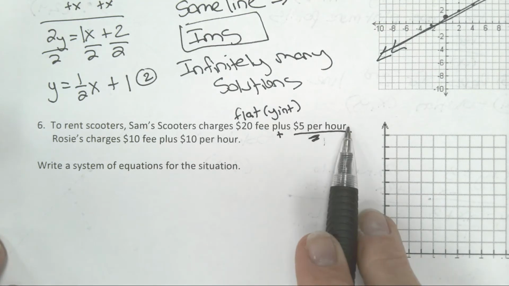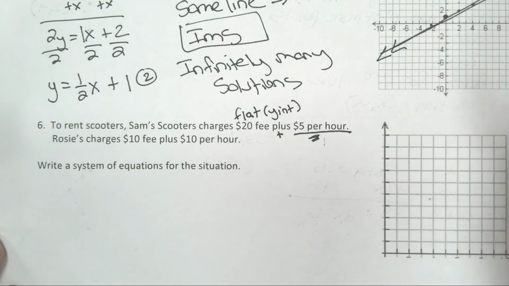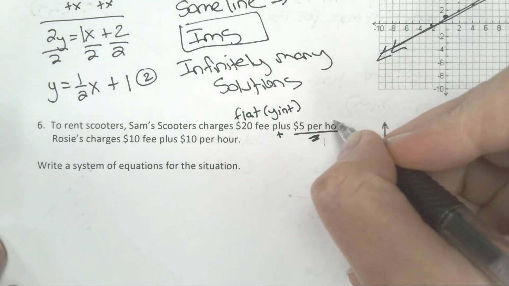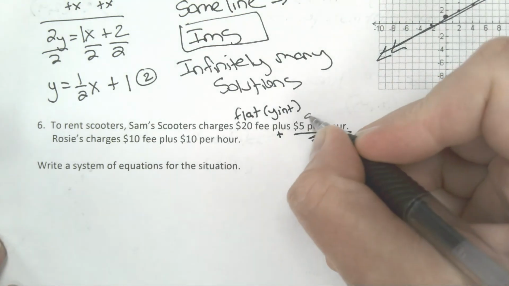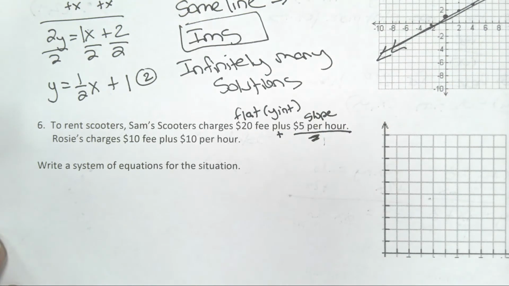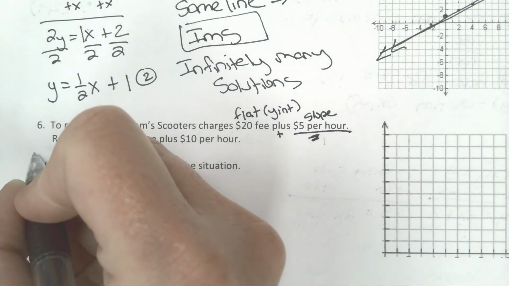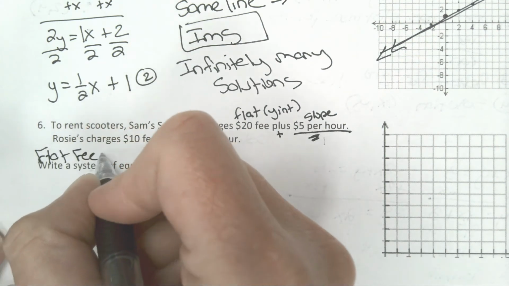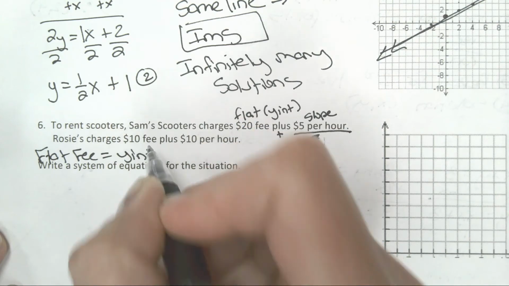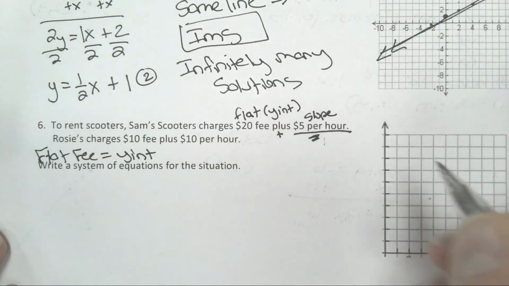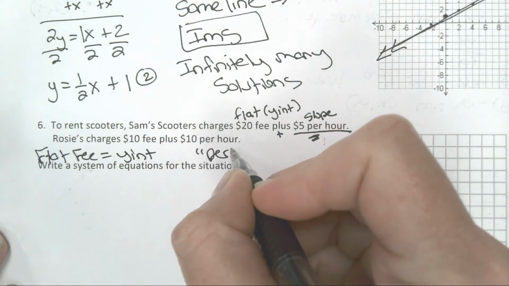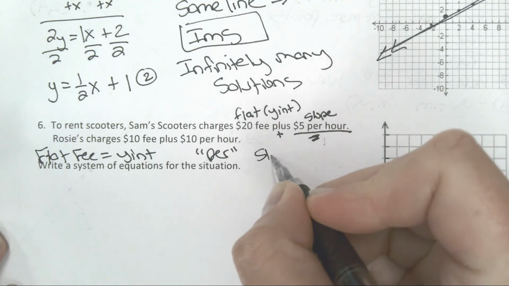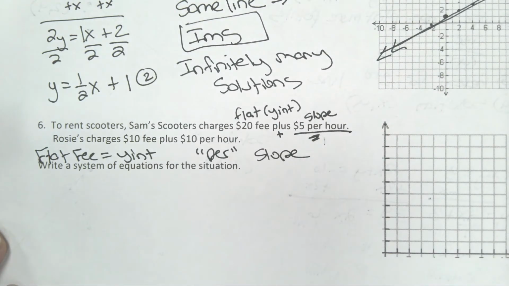So every hour I'm going to pay another $5. Wherever you see "per," that is always going to be the slope of the line. So the flat fee is generally your y-intercept, and the per is the slope of the line.